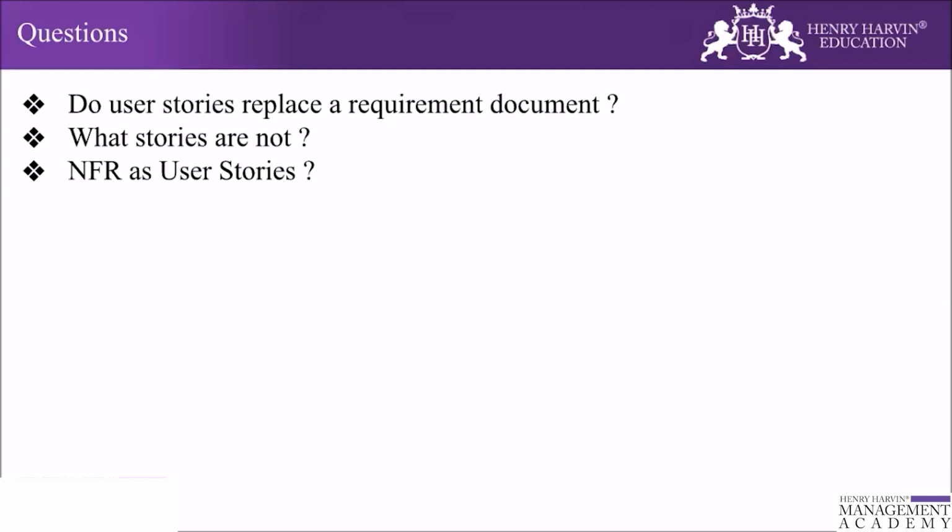Probably one more question that can be taken here is how we deal with defects. If there is a defect in sprint one, and somehow the team is not able to complete that defect, how is this defect written?